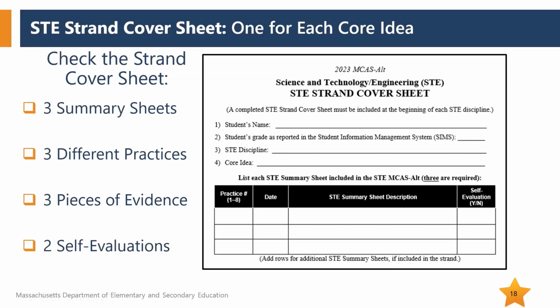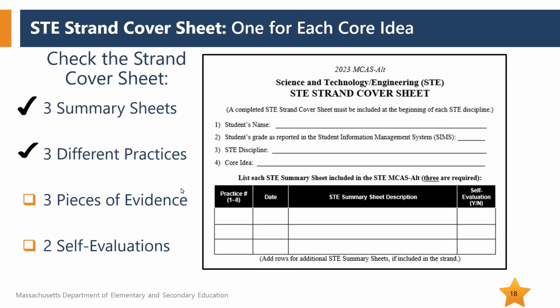For everybody, you are going to have this nice strand cover sheet. And the nice thing about the strand cover sheet is when you look at it, and Kevin will go over this when he shows you all the forms, as you fill out each piece of this, you can check to be sure, do I have 3 summary sheets? And then you can look at your cover sheet and say, oh, yep, I have all 3 of them.